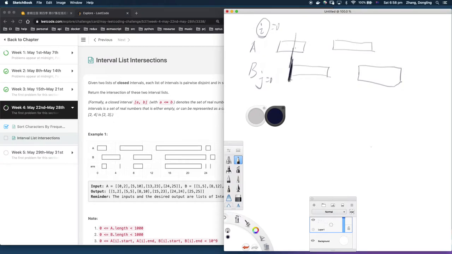The A at position 0, and B with pointer J at position 0. Compare this one and this one, get the max, and compare this one and this one, get the min.